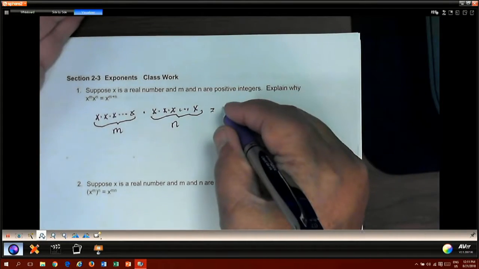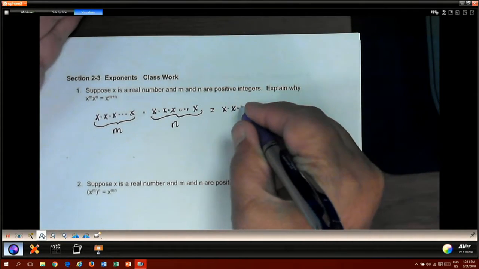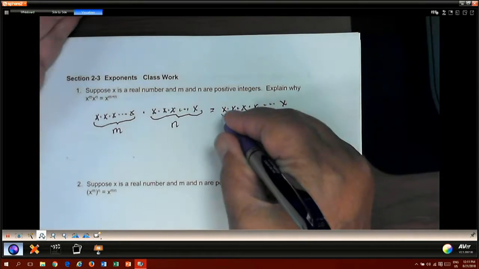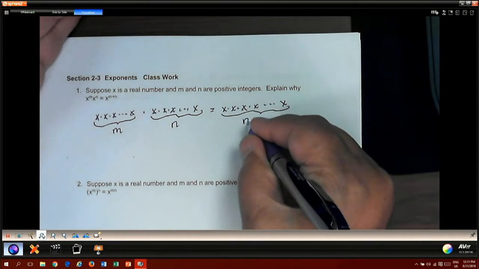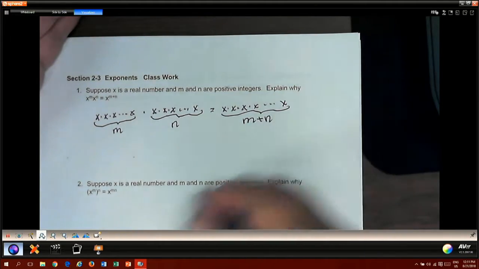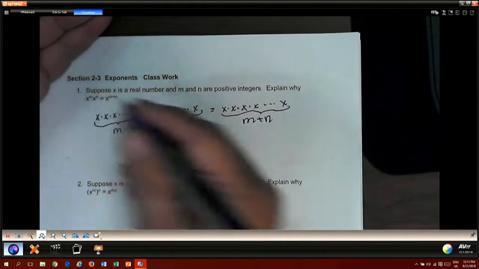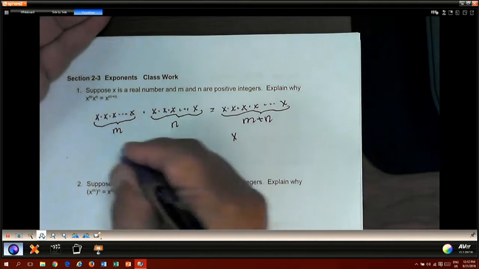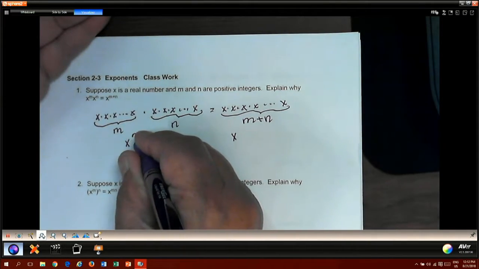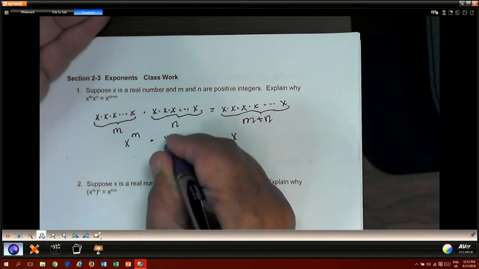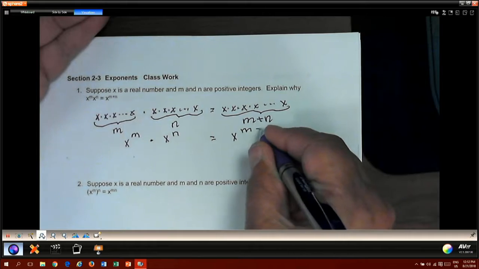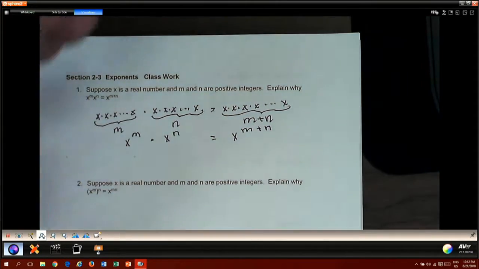So if we put them all together, we have x times x times x times x, and so on, m plus n times. So that means if we write it in exponential form, we have x to the m times x to the n equals x to the m plus n.